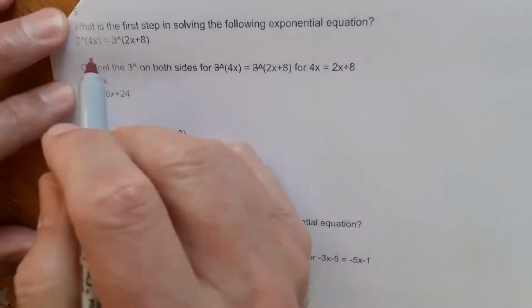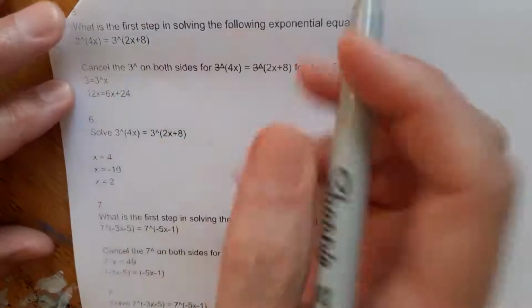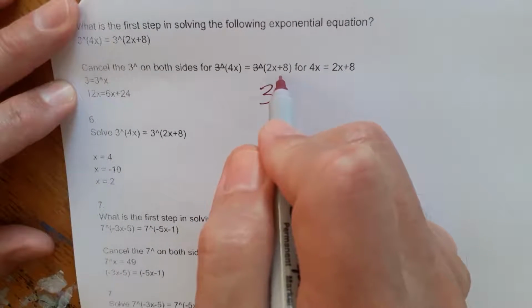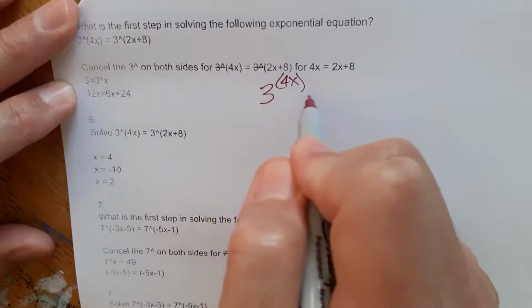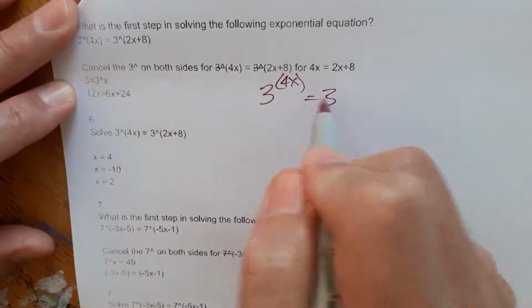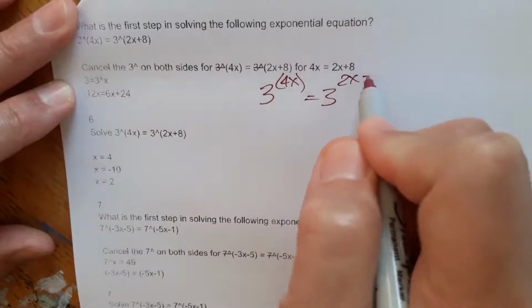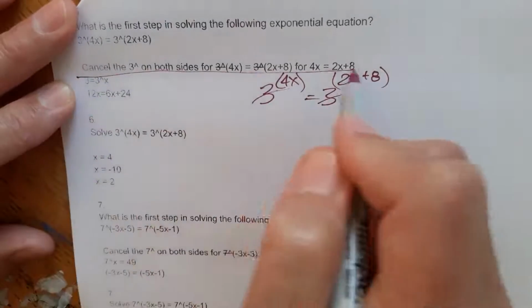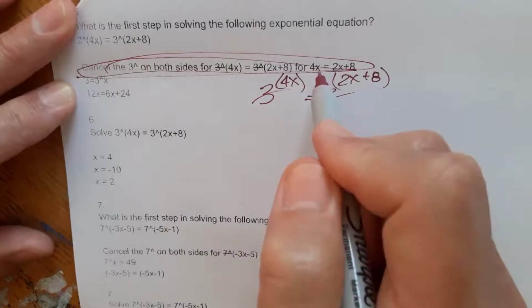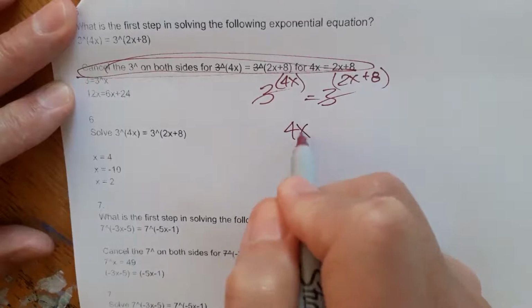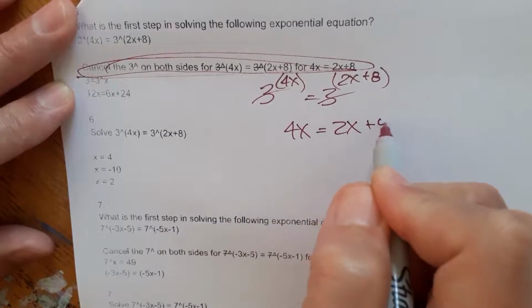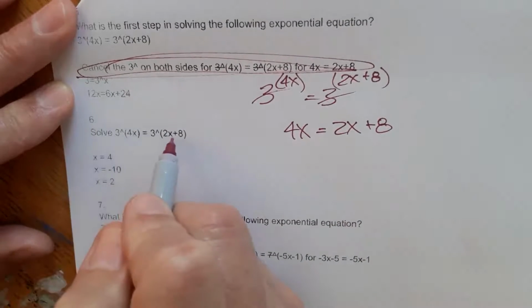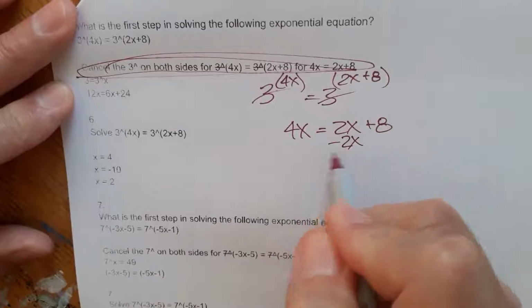All right, looks like we got another one. What's the first step if we have 3 power? So this is 3 to the power of 4x equals 3 to the power 2x plus 8. Right, we can do the same thing, cancel the powers. That's what they're asking us to do. And we're going to end up with, now, 4x equals 2x plus 8. And that's what they're saying. Go ahead and solve it now. So subtract the x's from both sides.